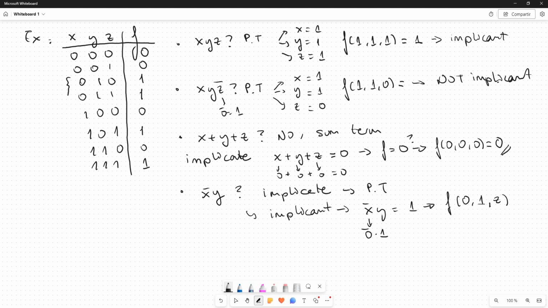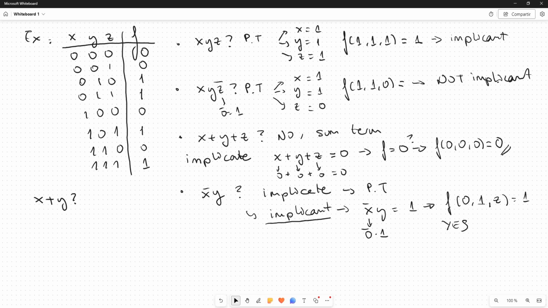We are here. x is 0 and y is 1. And we don't care about the value of set. So we have to look at these two rows. And these two rows are 1s. So yes, it's an implicant. And what happens with this, for example?